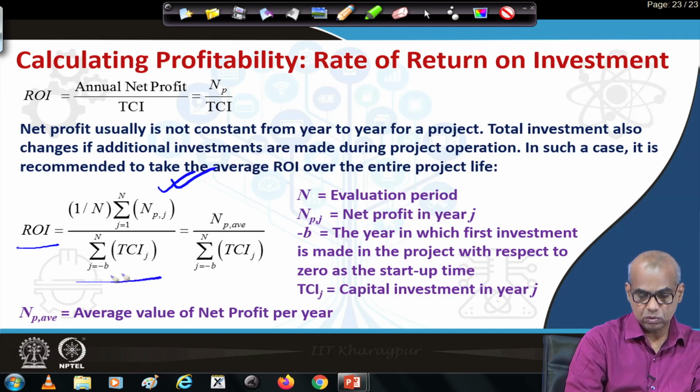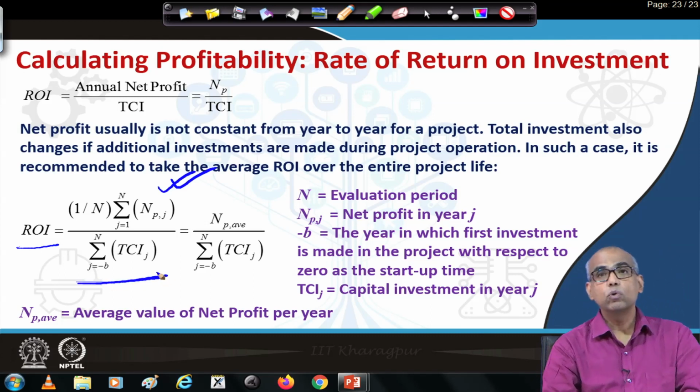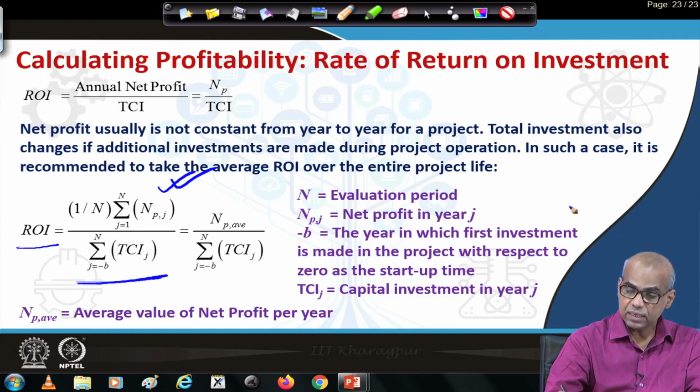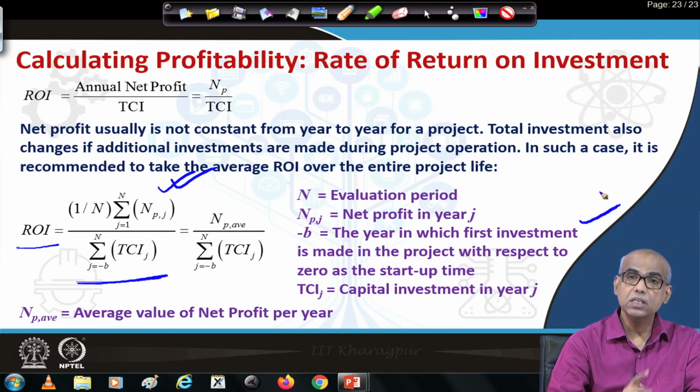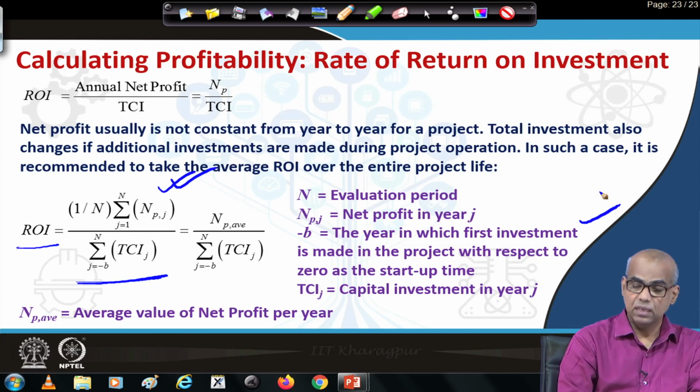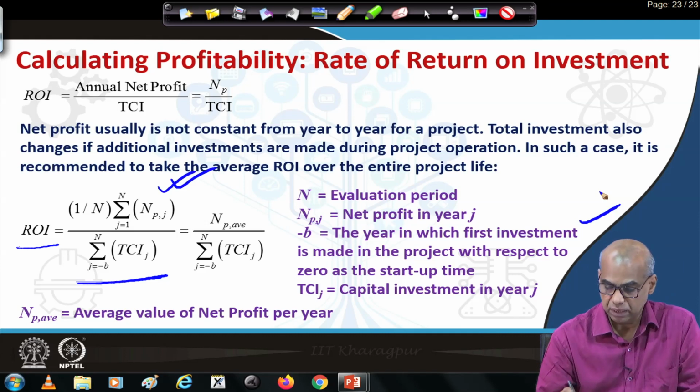So, you sum up the capital investment in all the years starting from the year in which the first investment is made. Note that if I say the startup operation corresponds to the time t equal to 0, I say the year in which the first investment is made as minus b.